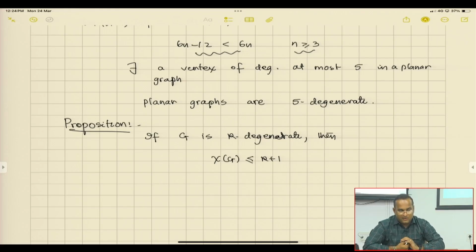Then the graph is k plus 1 colorable. So how to do that?